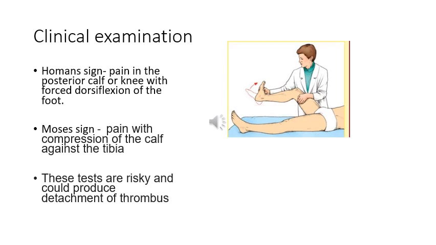On compression of the calf muscles against the tibia, the person feels pain. These tests are a bit risky since we are applying pressure. It can produce detachment of the thrombus and cause a thromboembolism. So mostly these are not done, or done with proper precaution, nowadays.